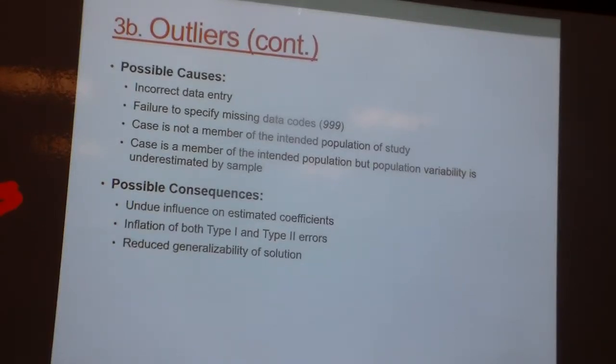And if I'm getting very large samples, I'm going to expect to capture some of those people out there away from the mean, right? If we're looking at people's height and I have a very large sample, I'm probably going to get some people who are very, very small and some who are very, very tall. Those people might still register as a univariate outlier. Even though they're outliers, they're still part of my intended population.